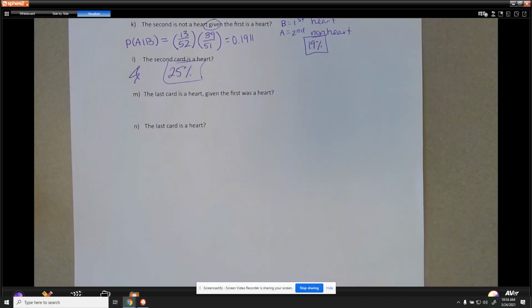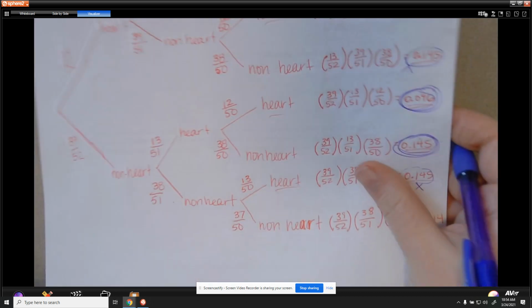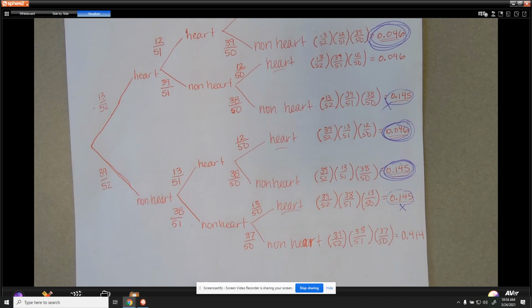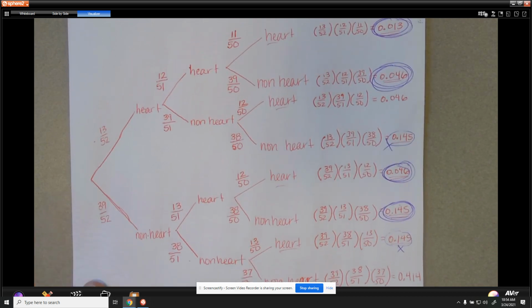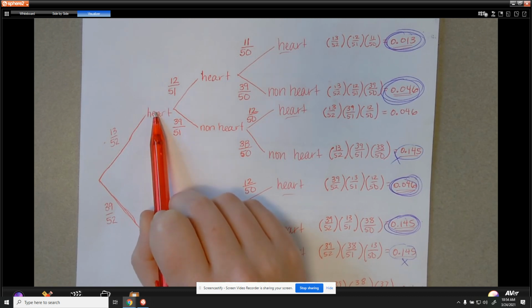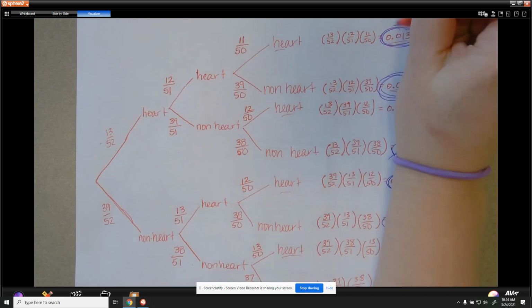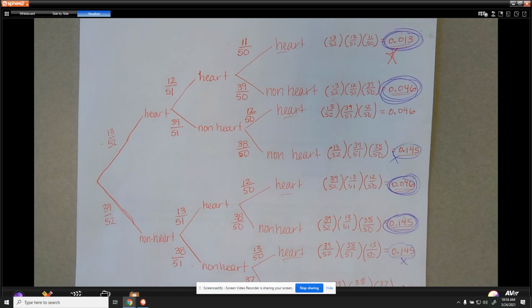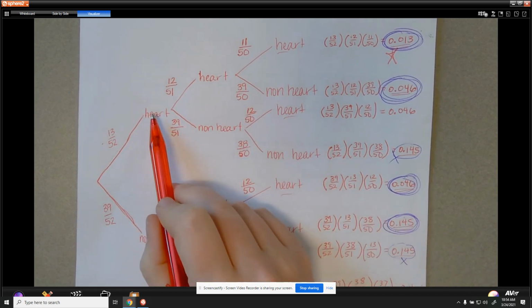Okay. Then last card is a heart, given that the first was a heart. So I need to find all those. I'm going to use a different color because I'm really marking this up. Red. So first, given the first is a heart, so this is for sure, and then I need the third card to be a heart. So that could be this one, not that one. Heart and heart.